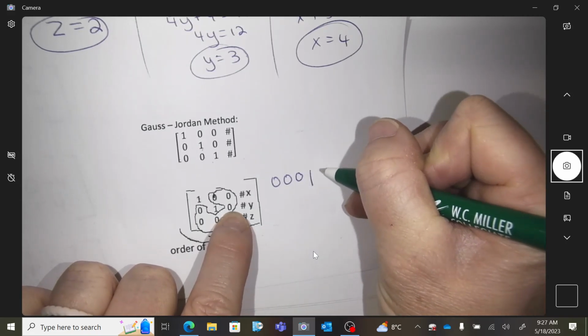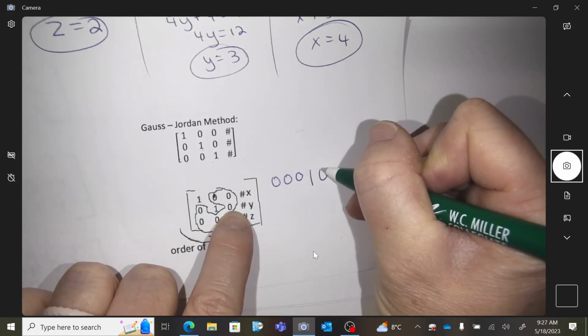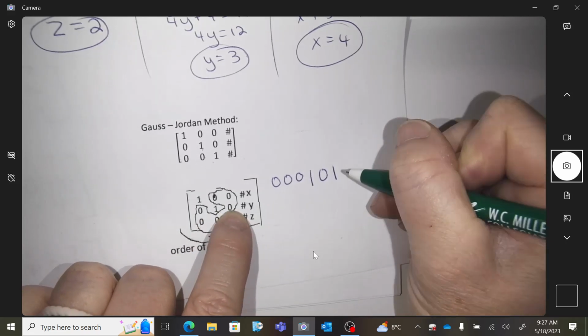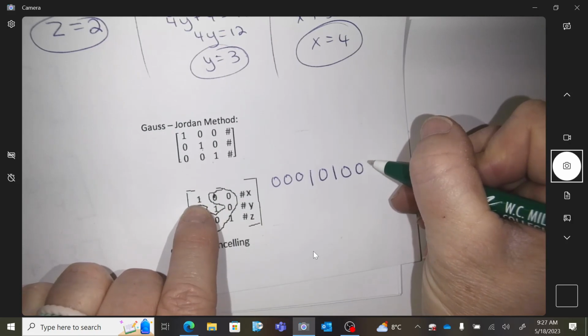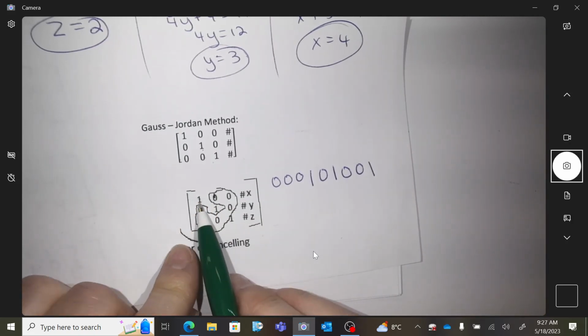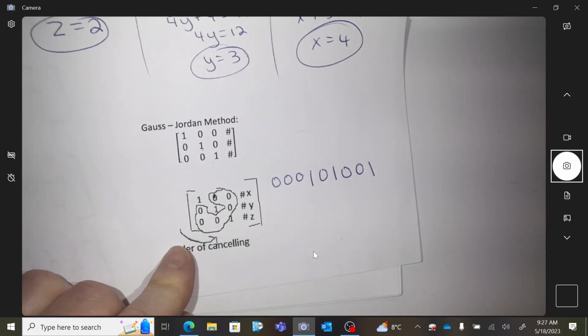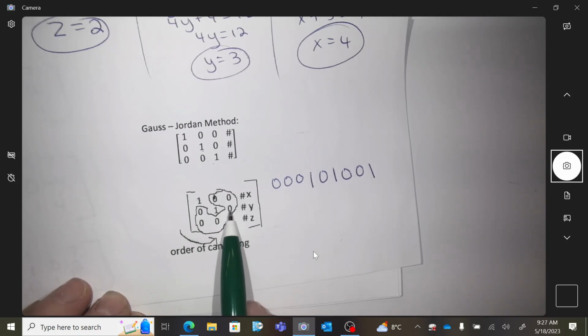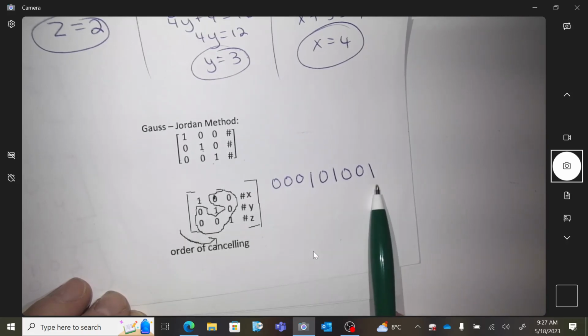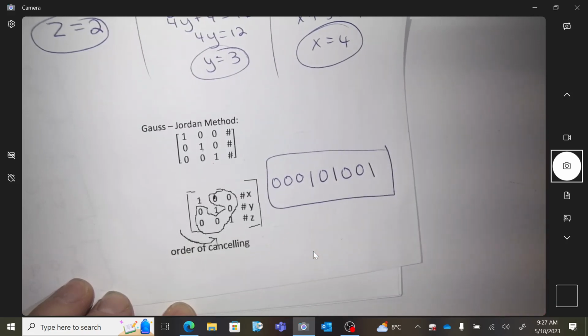And then we did the next 0, then we 1'd that out, and then we did a 0, 0, and then you would technically 1 that out, but it was already a 1. So that's the order I went. 0, 0, 0, 1 it out, 0, 1 it out, 0, 0, 1 it out. Okay? Does that kind of make sense?